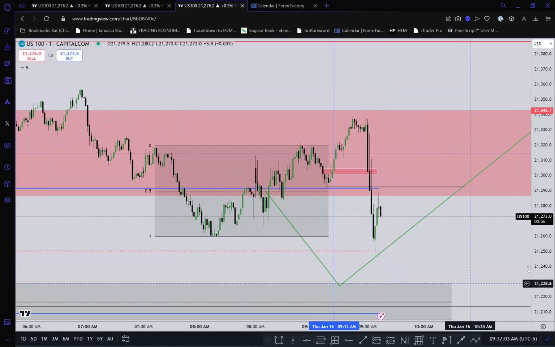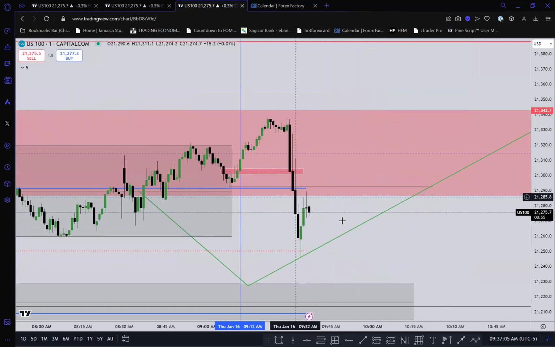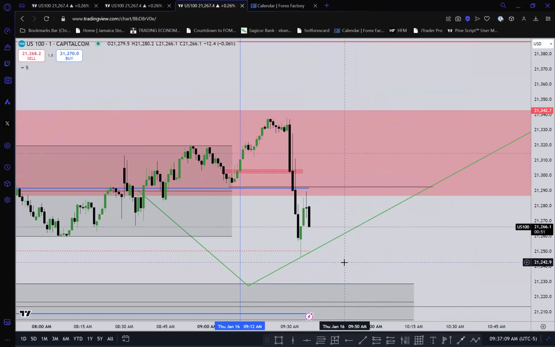Cool. So, logical short idea. Want to see it just run that low now. Got in at 94, so I think the price feed is different.